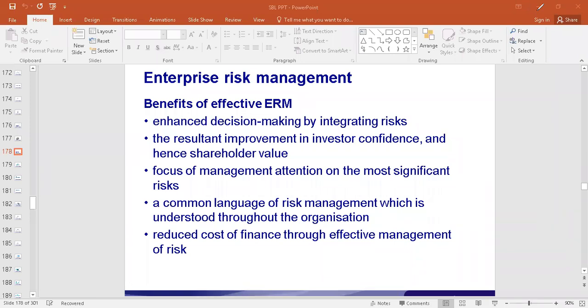First thing, if there is a risk management process in place, a process which looks into managing the risk, then if a risk is actually happening, there is preparedness already.